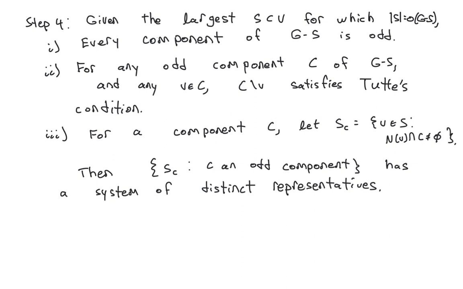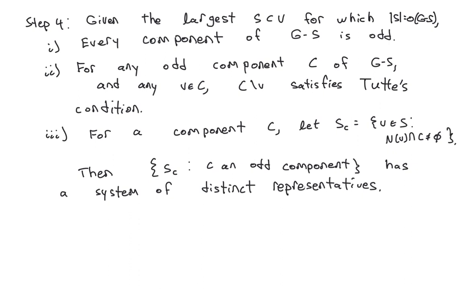And then thirdly, for every component C, we're going to define the set S sub C to be those vertices in S that have a neighbor in C. And then we need to prove that this set has a system of distinct representatives. And why would we do such a thing?